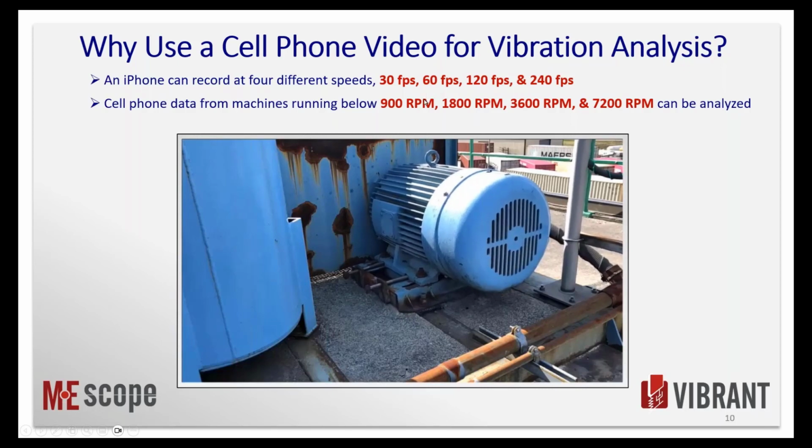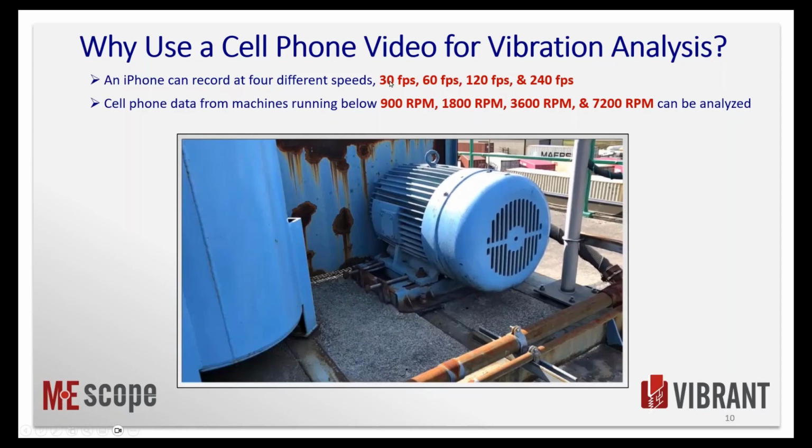And this data that we're going to look at in a minute is data that I took. I'm not even very good at using my cell phone. And so we'll talk about some of the problems that you may encounter when you make a cell phone video and then load it into your computer and post-process it in MEscope.